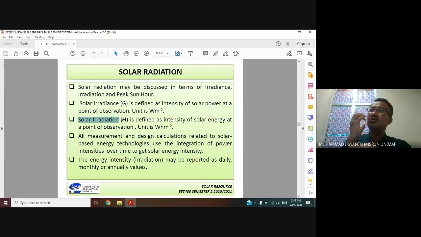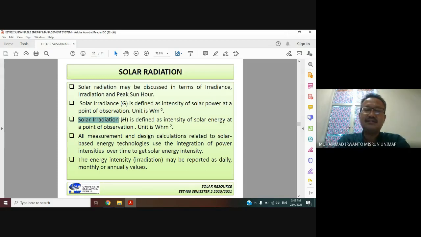Important meaning to decide whether this area is suitable or not to develop a photovoltaic power generation. How do we analyze the availability of solar radiation in an area so we can decide whether this area is suitable or not to construct a PV power generation?